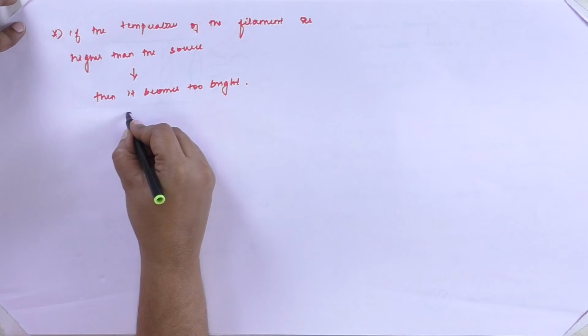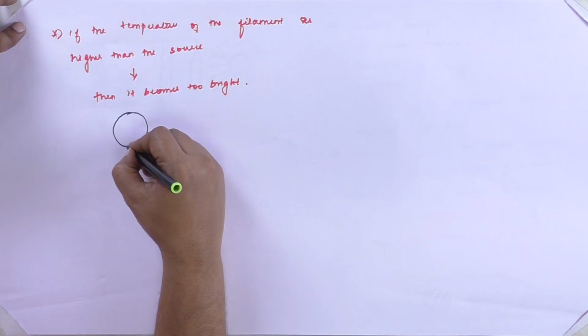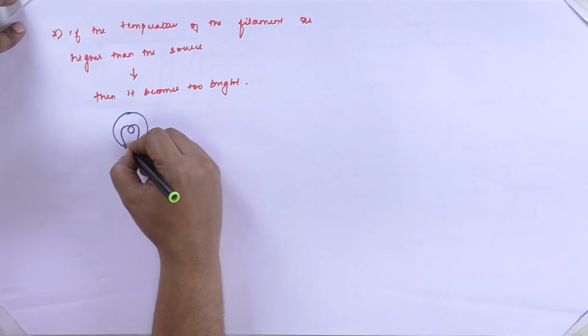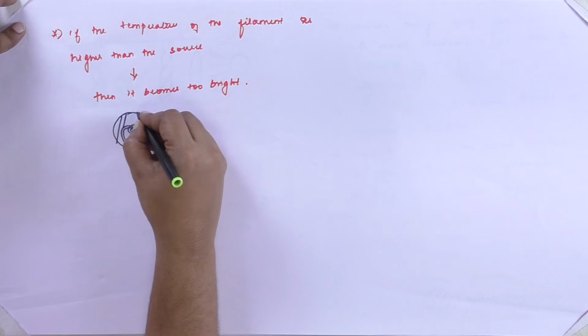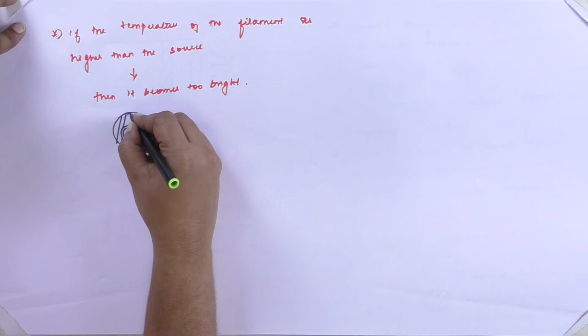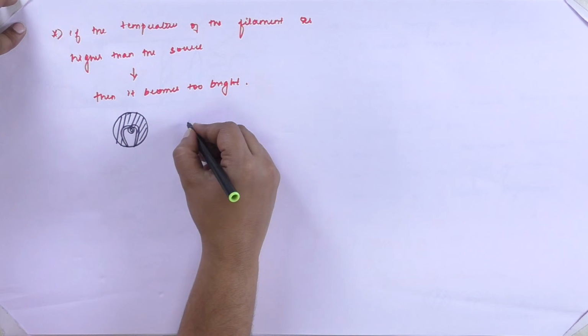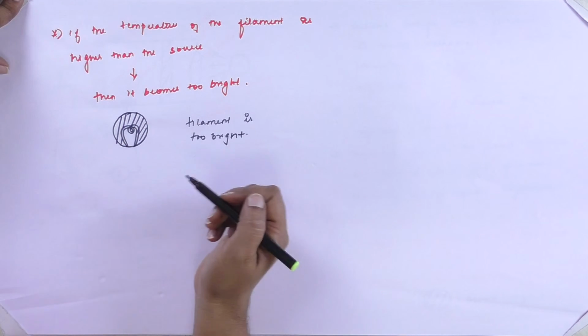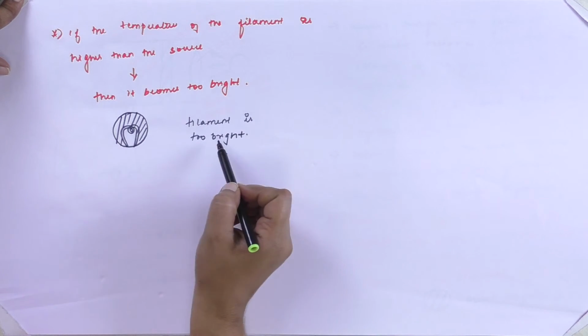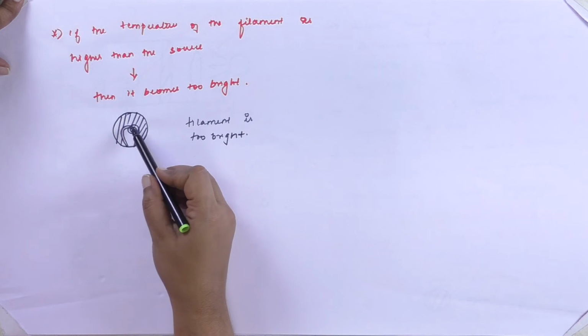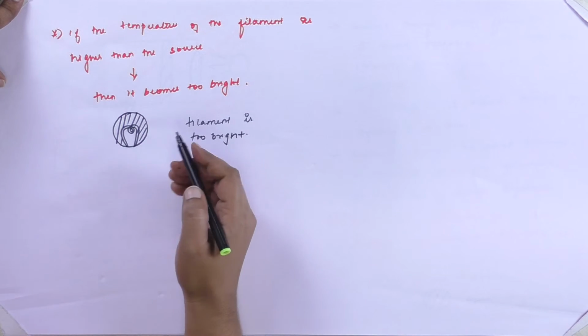So we can view the image like this when viewed through the eyepiece. So if the filament is too bright than the source, that is the temperature of the filament is higher than the source, the filament will appear too bright when viewed through an eyepiece and the filter.